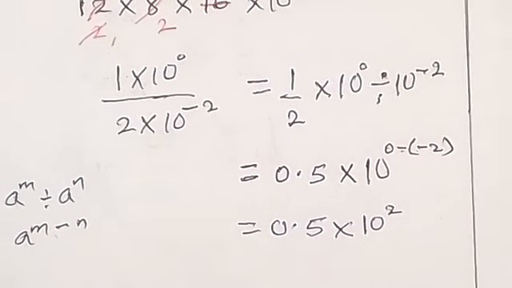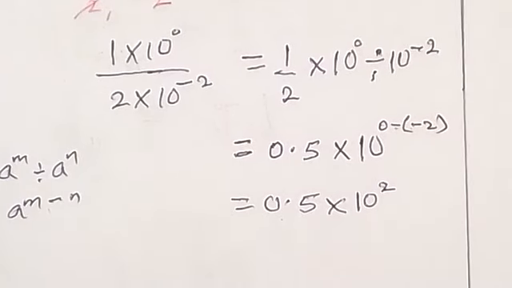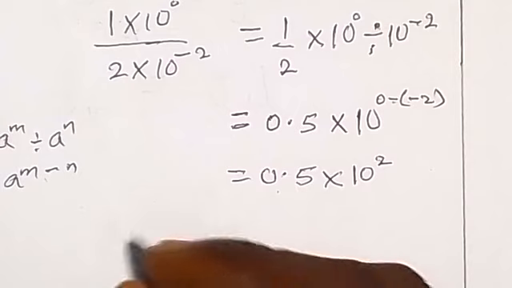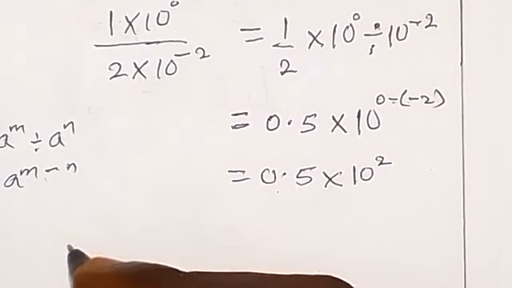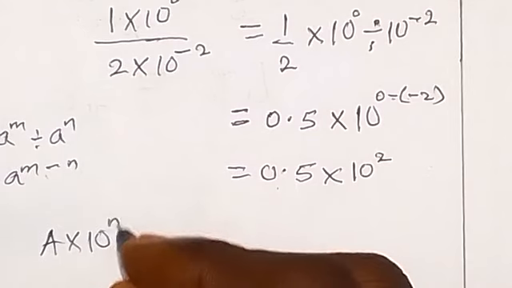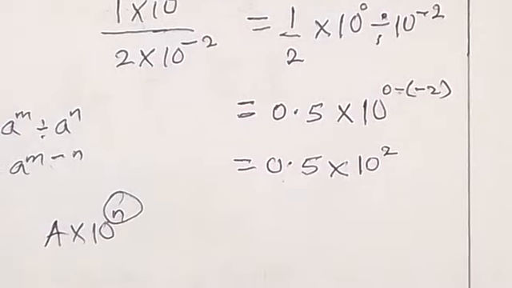But here, 0.5, we can't leave it like that. Why? Because when we want to write this in standard form, any number in standard form is a number written as a times 10 raised to the power n. This n could be positive or negative.